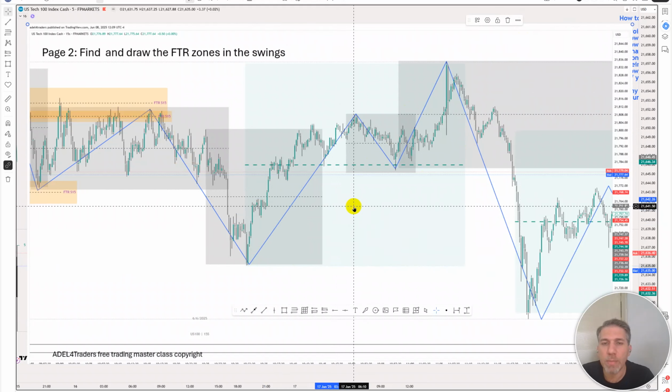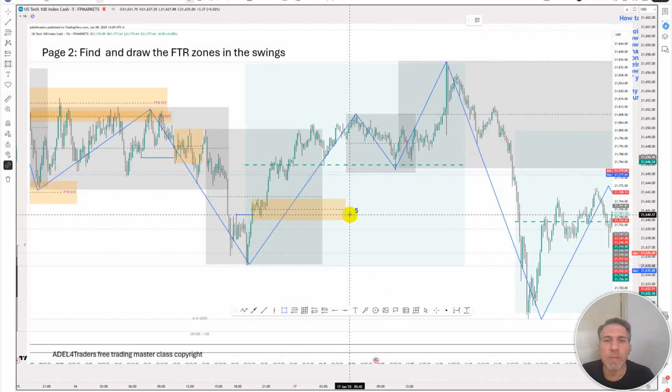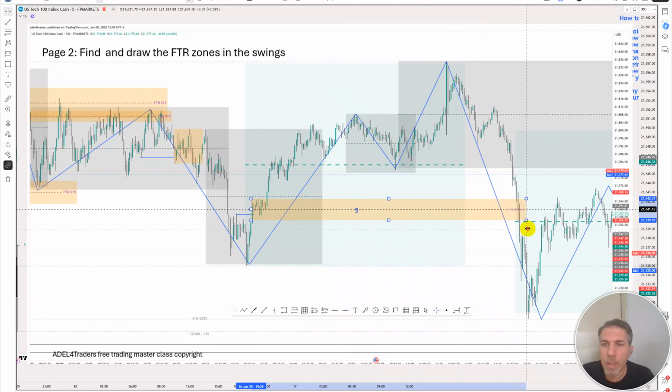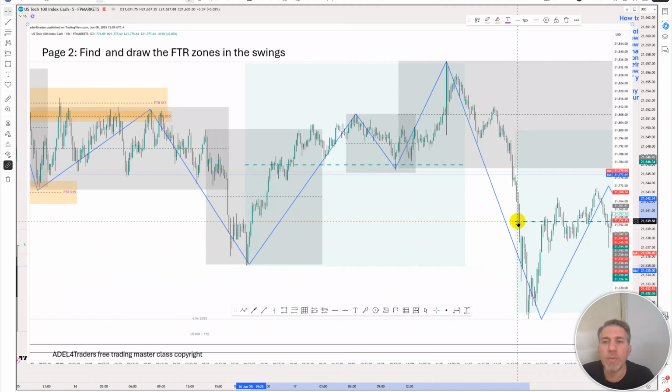Let me number them, wait a second. This is our fifth one, right? Anyways, now this is our FTR. Here we don't have any reaction to that one. So we don't need to have reactions all the time. You have to wait for direction. And even if you extended it up here, you would say, okay, I would take a trade here and want to take this movement up.